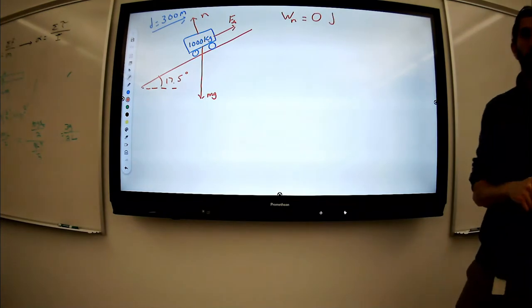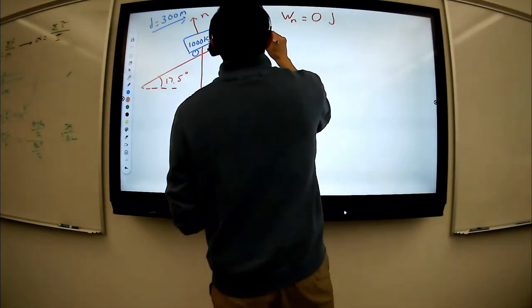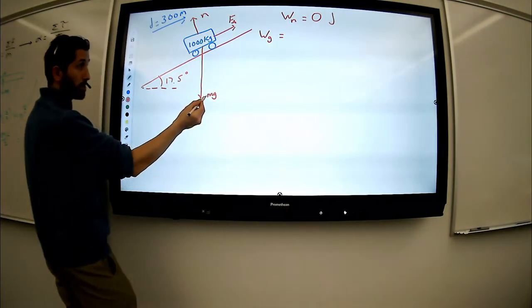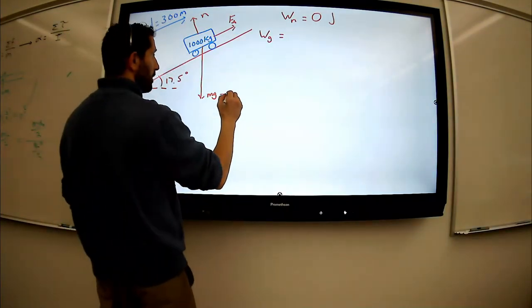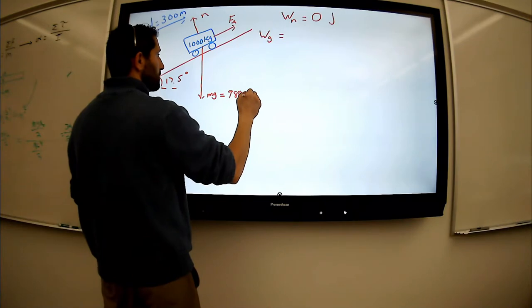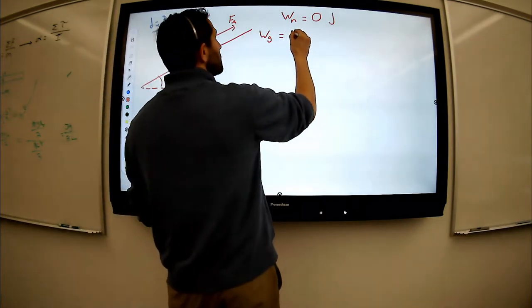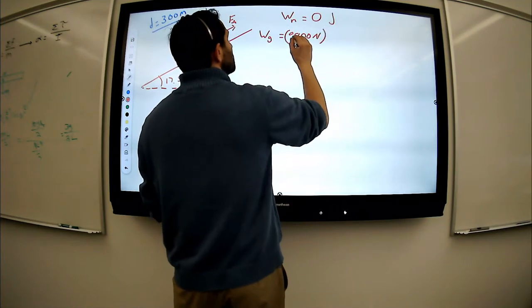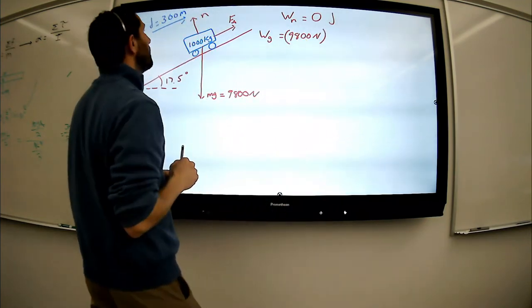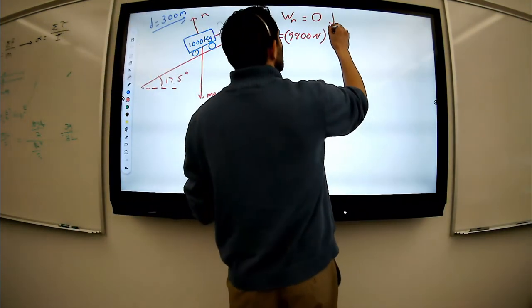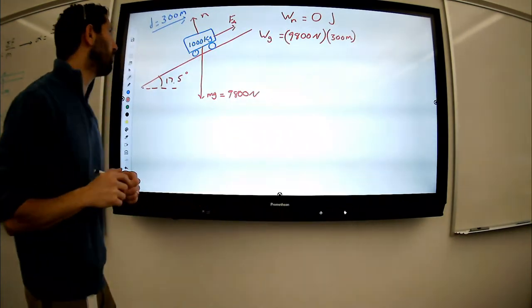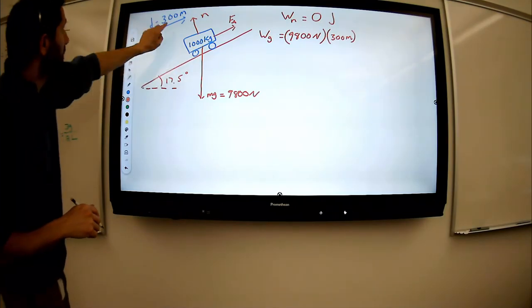Next, let's find the work done by gravity. So the work done by gravity is going to be the gravitational force, which is this, 1,000 times 9.8 is 9,800 newtons. So that's the force, times the displacement, which is 300 meters, times the cosine of the angle between that force and that displacement.